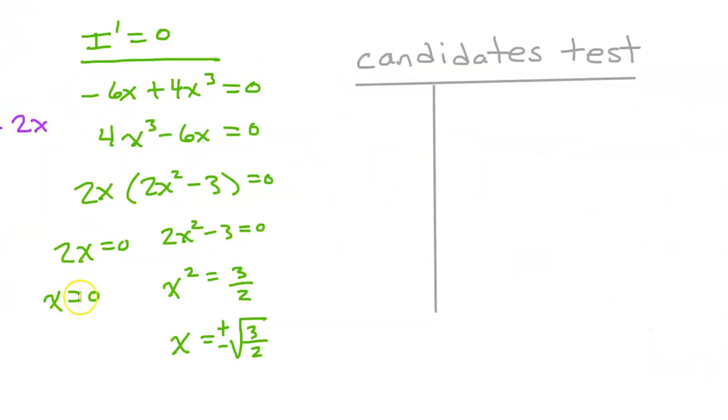For these optimization problems, if you only get one critical value, then that critical value is the answer. However, if you get more than one, you have to do a candidates test to decide which critical value leads to the max or min, whatever you're looking for. In this case, we found 3 critical values.